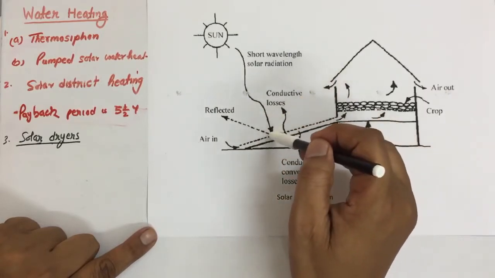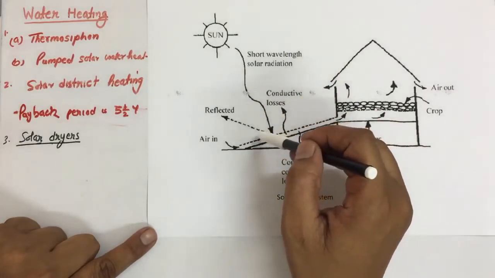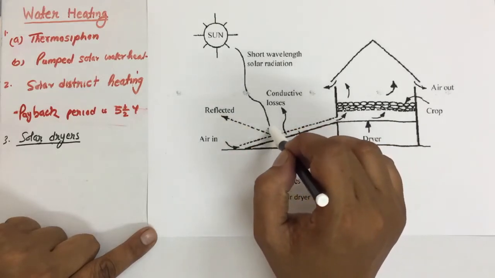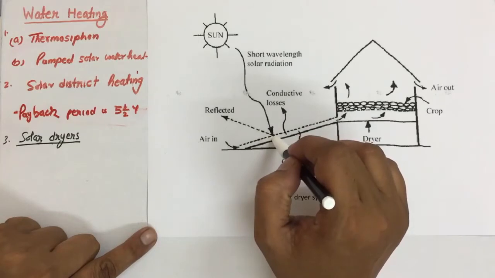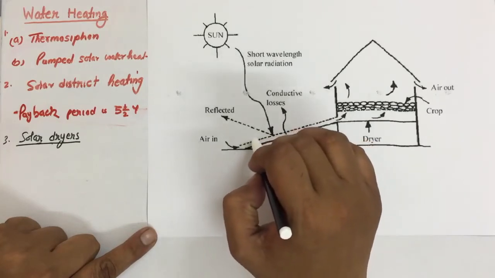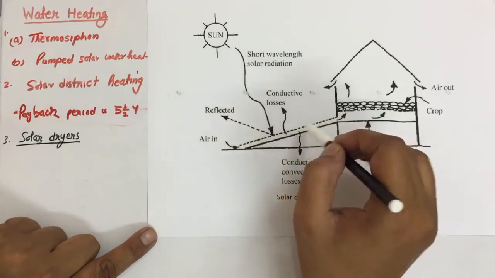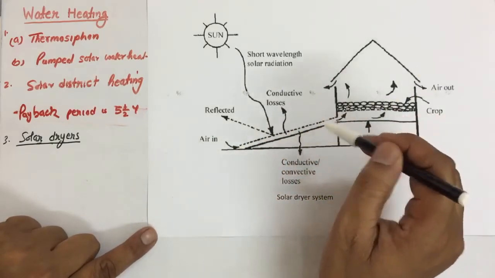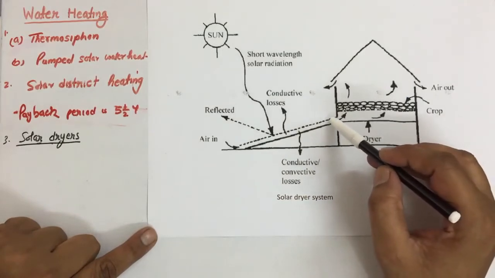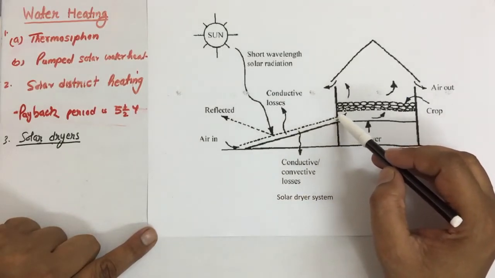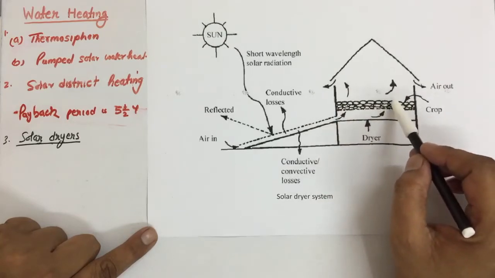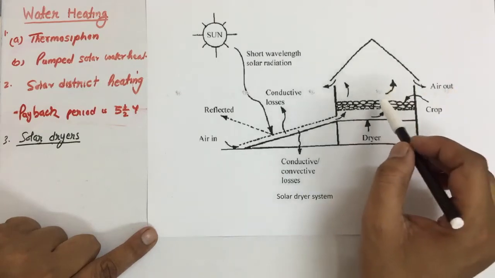There is a possibility that part of it gets reflected back. However, the major part of the radiations go inside, and the air that comes in gets heated up, and that heated air has only this path to pass. Here is the crop, or the material that requires drying.